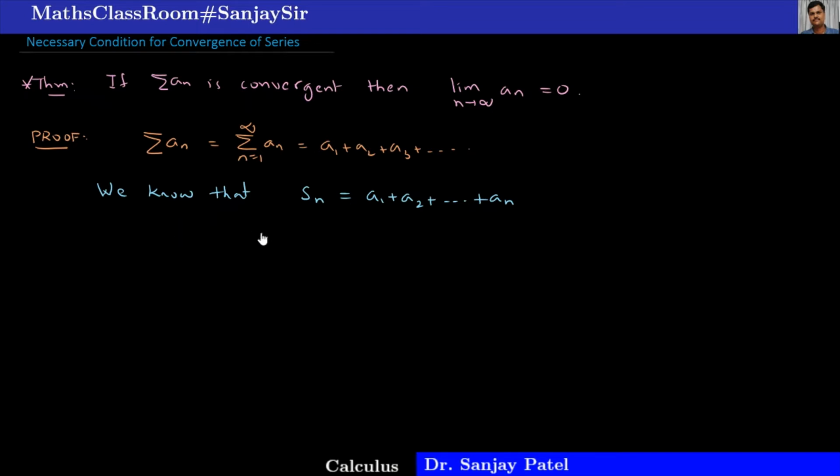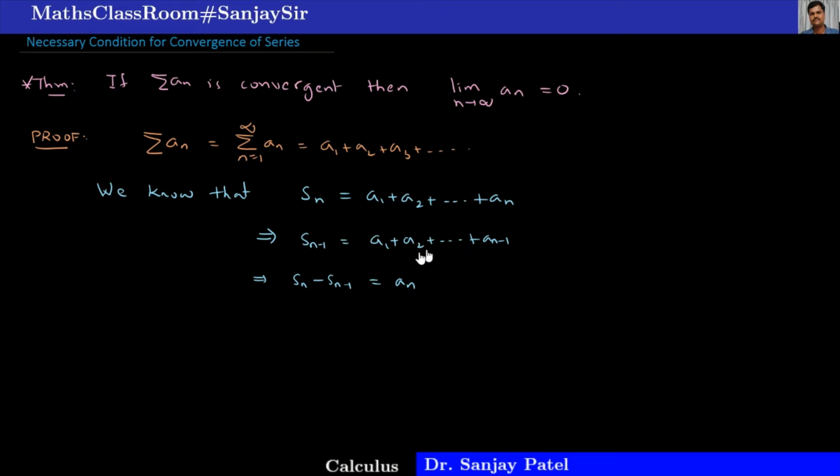Now from this I can write Sn minus 1 also by putting n equal to n minus 1, or in other words, the sum of the first n minus 1 terms of this series. Now if I take the difference of these two, then we get Sn minus Sn minus 1 is equal to an.